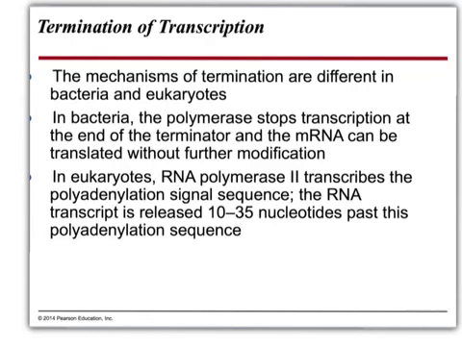In eukaryotes, you end up with this termination sequence, and then it keeps going a little bit for about 10 to 35 nucleotides. All right, so there's a slight extension beyond the terminator sequence. The terminator sequence is called the polyadenylation sequence. What does polyadenylation mean? What does poly mean? Many. All right, so what does adenylate or adenylation sound like?